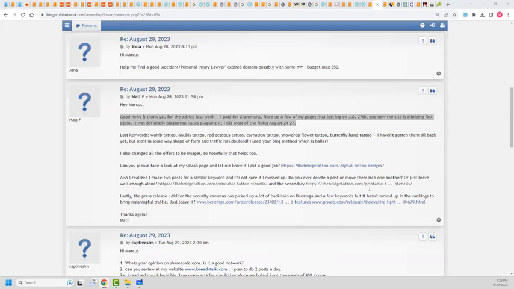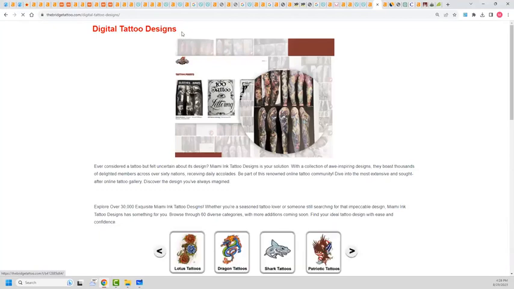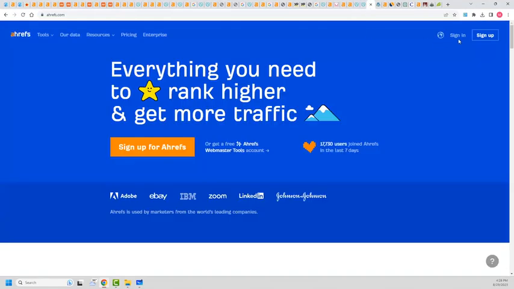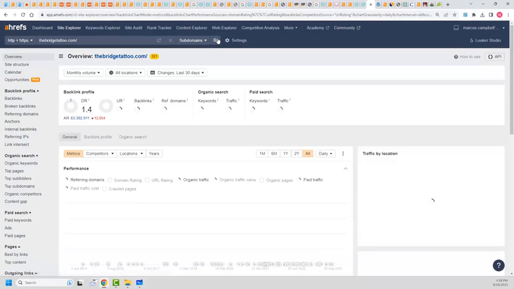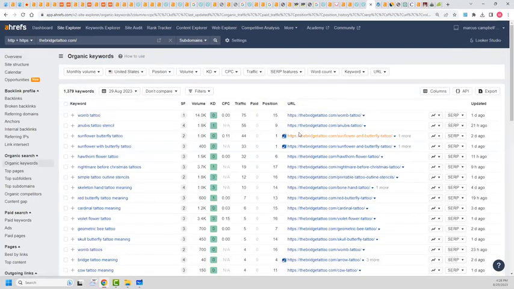And I think, is it the Bridge tattoo site? Matt, is that the one? Yeah, there you go. Look at that. Night and day. I mean, you got 1,100 rankings overnight. So that's the problem.